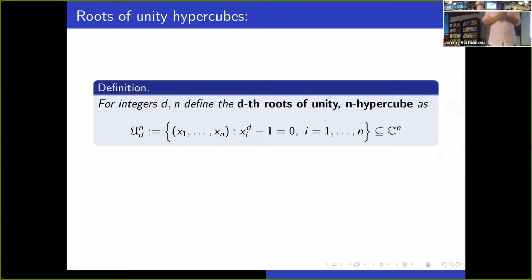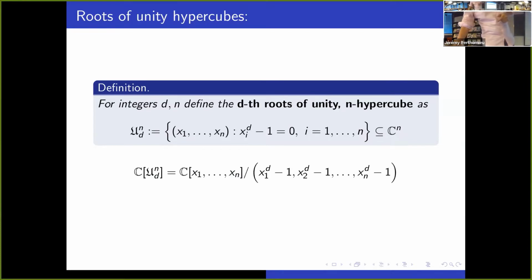This is our main example. We take as X this set, the roots of unity hypercube. This set is the variety with this equation, xi to the d minus 1 equals 0.